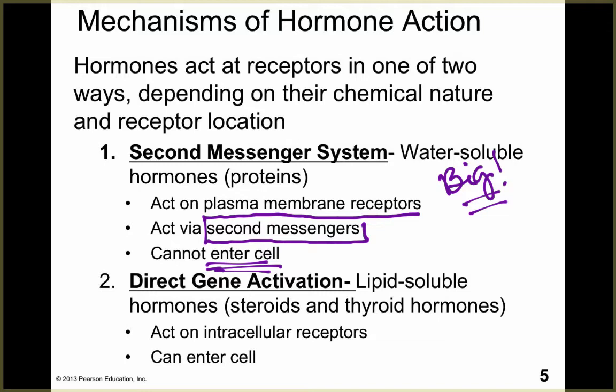So the idea is, if I came and knocked on a door and I couldn't actually come through the door, like they open just the top part of the door, right? And it's like absolutely nobody's allowed to come in here. Or maybe the door is just too small for me to get through. So whoever opens the door that I encounter, I'm going to give them the message. And so that's kind of like those membrane receptors.